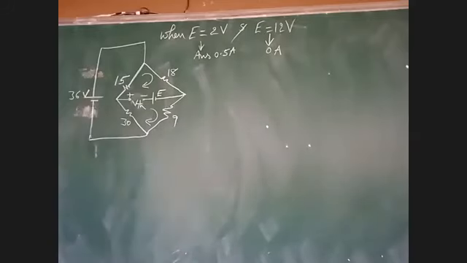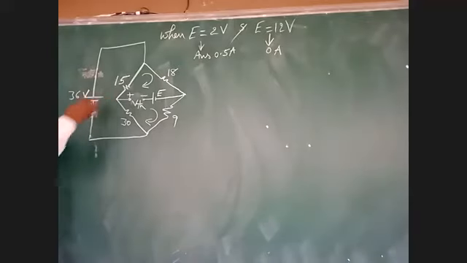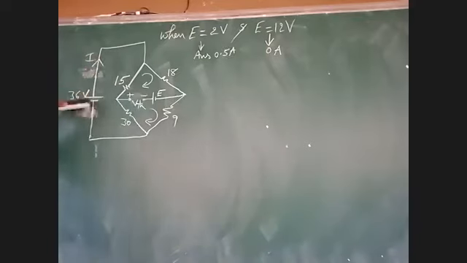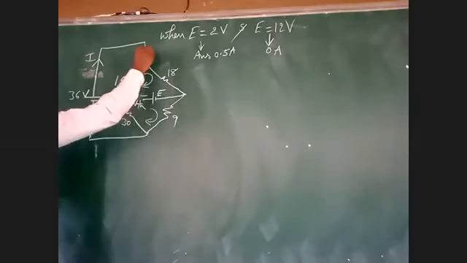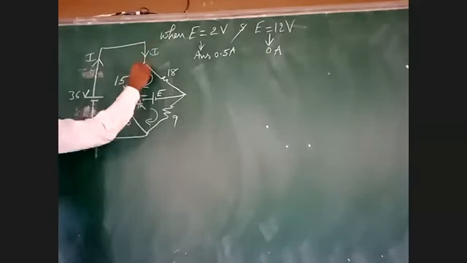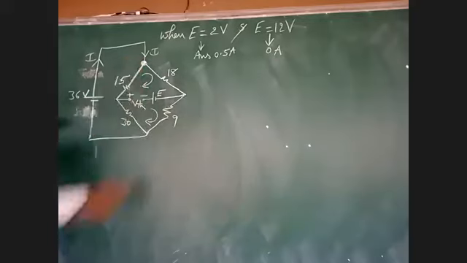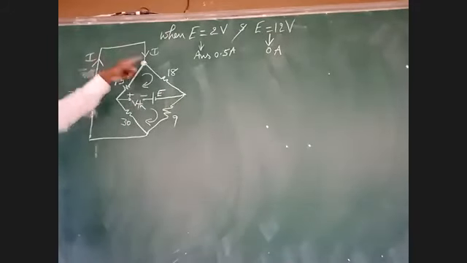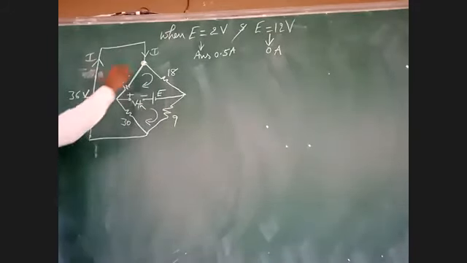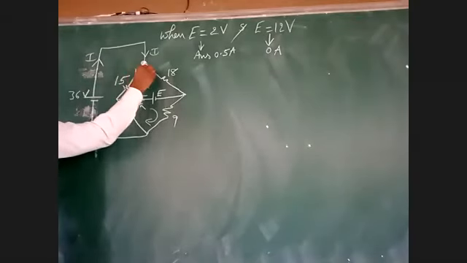Now I have to take plus and minus. From negative to positive, current is flowing. This battery is delivering the total current I. This current I comes to this point and divides.